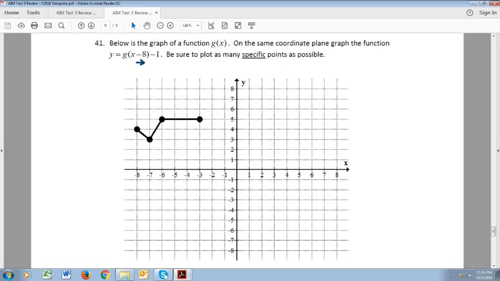That'll be right 8. And the minus 1 is going to cause a vertical shift. It'll be down 1. So we're going to move each point right 8 and down 1. I'll start with this point right here. So when you move it down 1 and right 8, you end up right there. And so I'll do the same thing with the other 3 points.